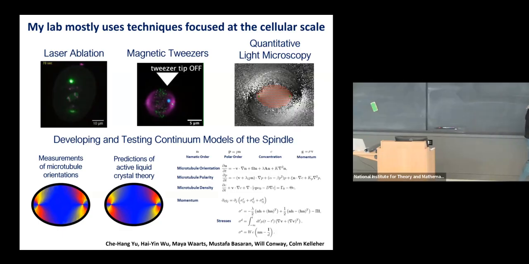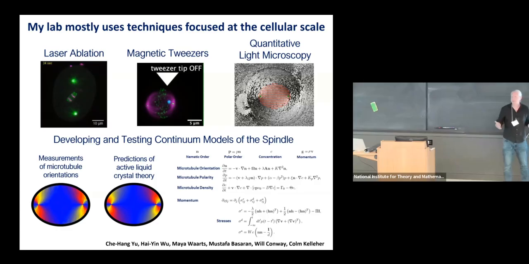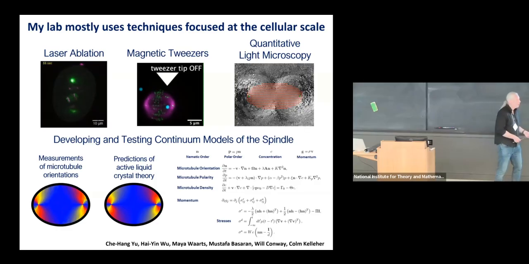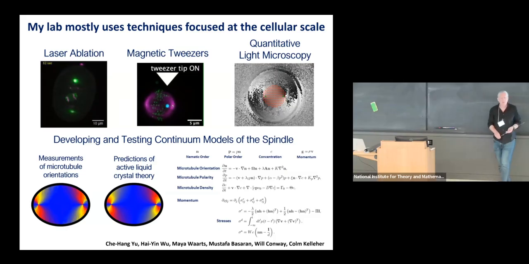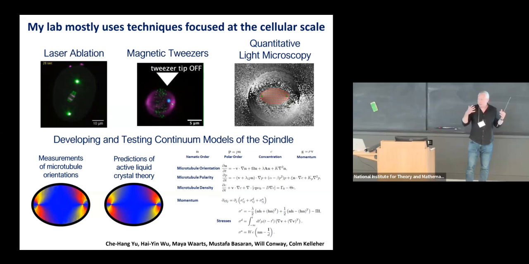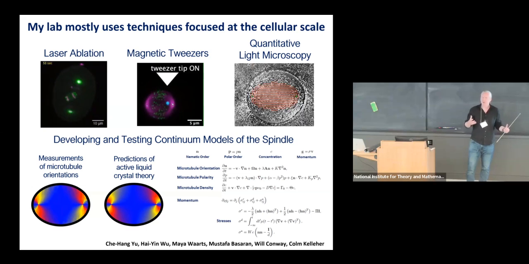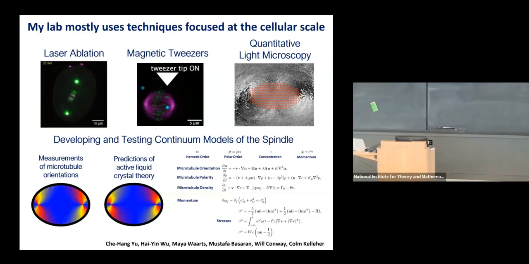We use laser ablation, so you can cut the spindle and see how things move around, and then try to infer what forces are present. Or we can use magnetic tweezers: put a magnetic bead in the spindle, exert forces and see how it moves. This is interesting, but again, this really is telling you stuff on the cellular scale, because you have a micron-sized bead which is plowing through the spindle.